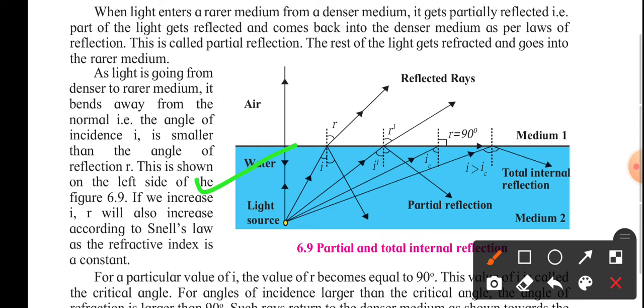And there is the one activity I already gave you, the glass slab experiment. In that experiment you have to draw the ray diagram, which is given on page number 74 of your textbook, figure number 6.1, the refraction of light passing through a glass slab. These two activities you have to post back to me in the classroom.